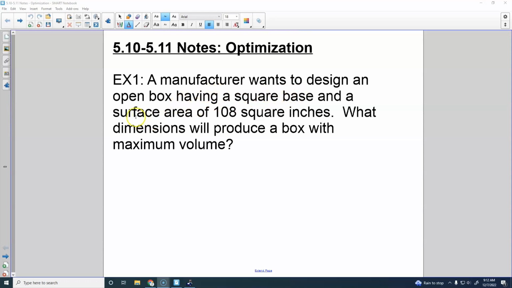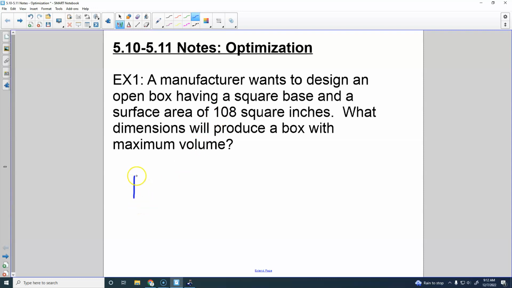I know surface area is going to be 108 square inches, and I want maximum volume. If you are packaging something in particular, you may have certain parameters that you are limited by. We've decided what those are here for you, but this could actually possibly happen. So square base and 108 square inch surface area.